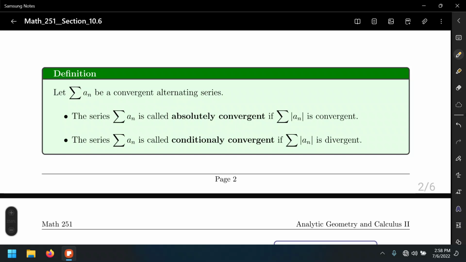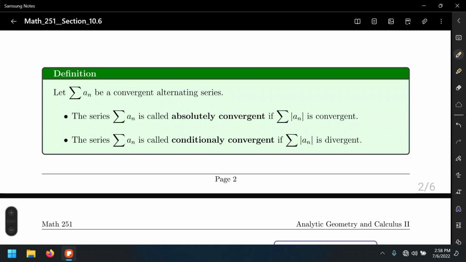What we're going to do is take the absolute value of the given series. When we take the absolute value, those alternating factors just go away. Then we come up with a whole new series for which we will determine its convergence or divergence using the tools that we have so far.